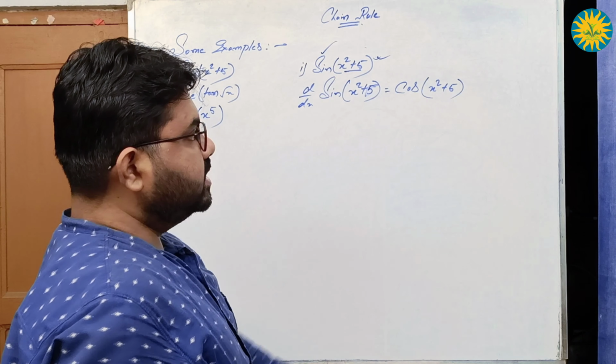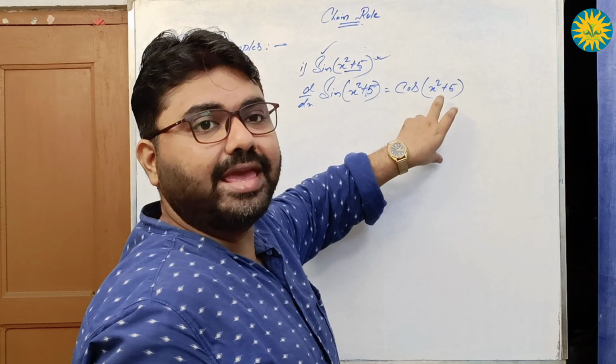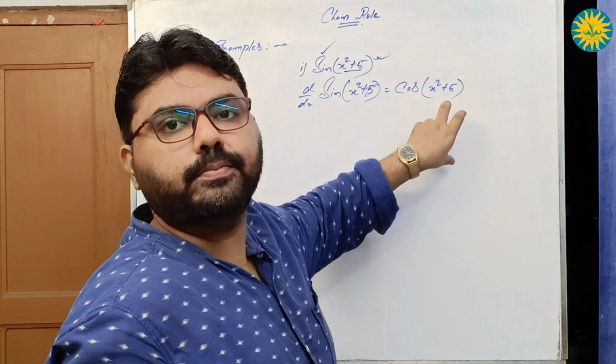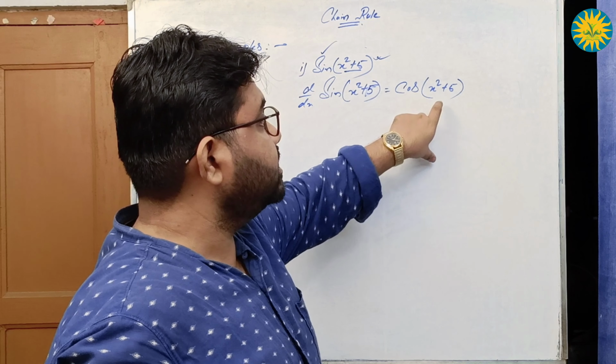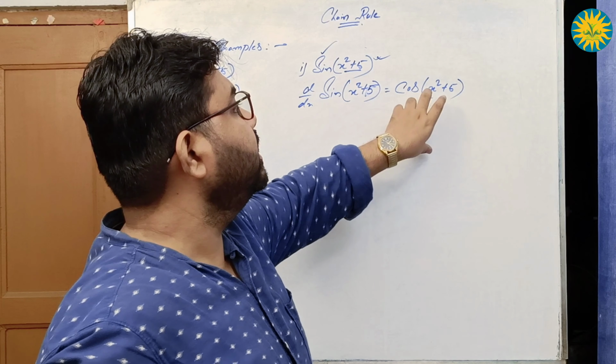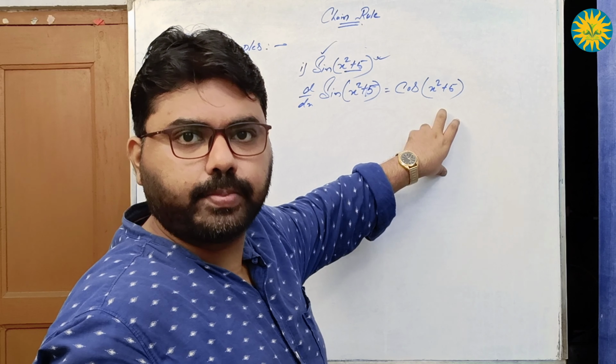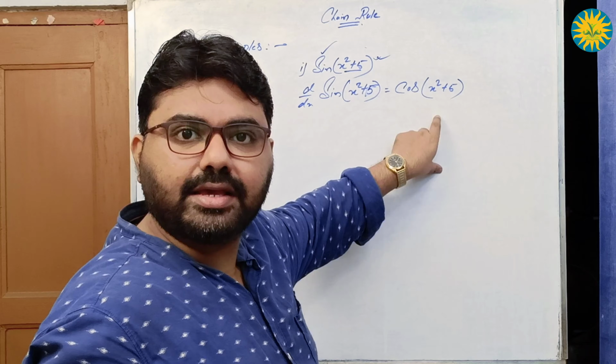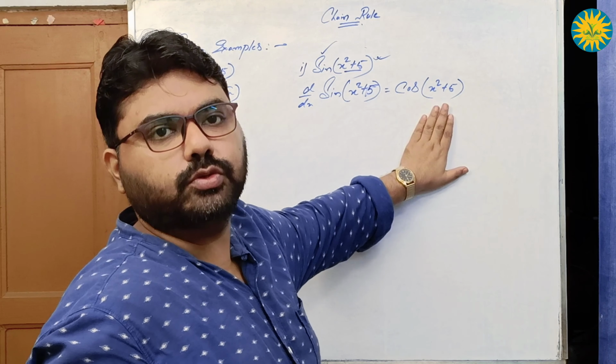Now since it is not x, it's x square plus 5, it is a completely different identity. If there had been x, it would have been cos x only.